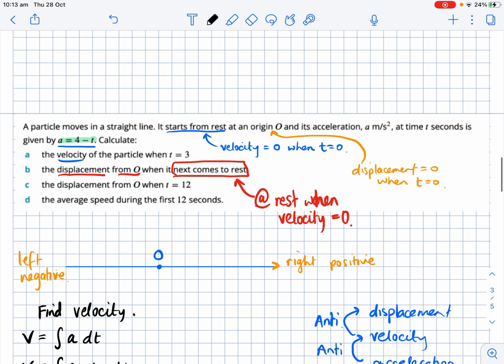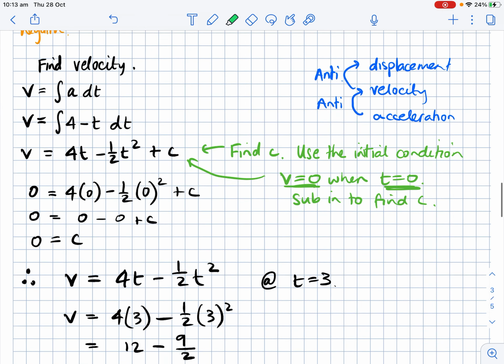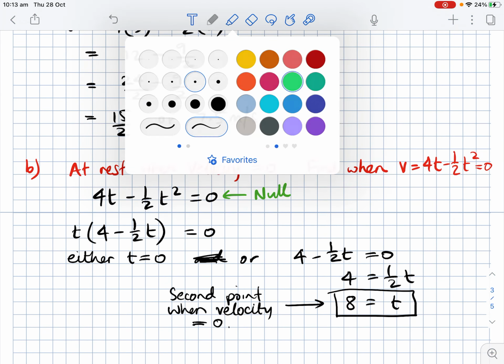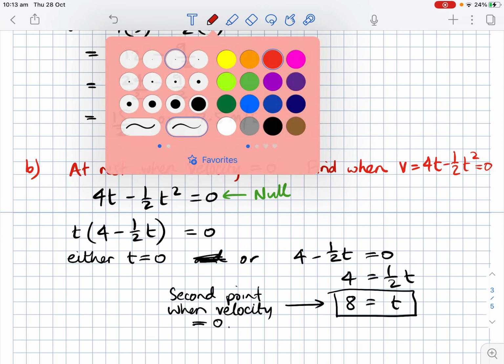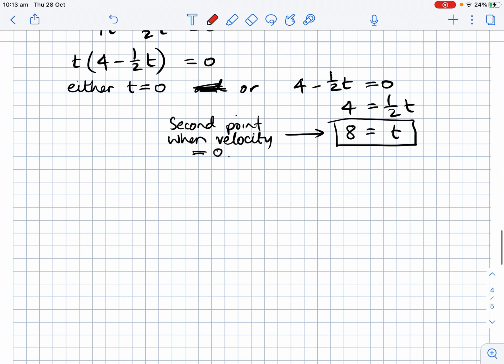And my question wanted me to find out the displacement when it's next at rest. So what that's actually asking me when I put those two bits together is I'm trying to find the displacement when t equals 8. Where did the t equals 8 come from? It comes from that point when it's at rest.